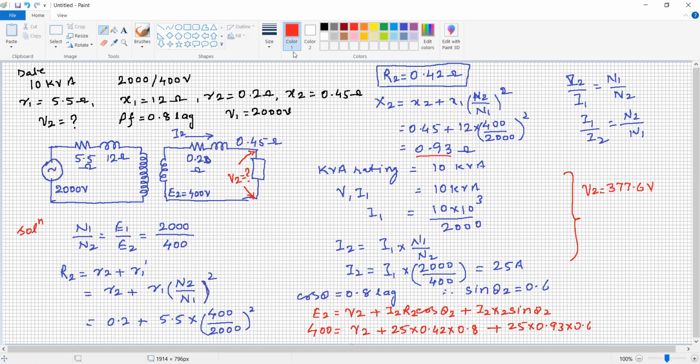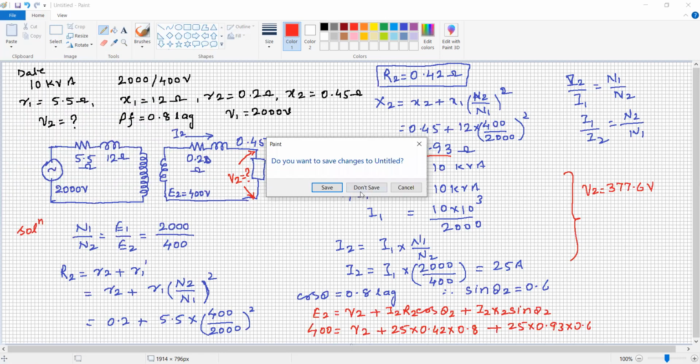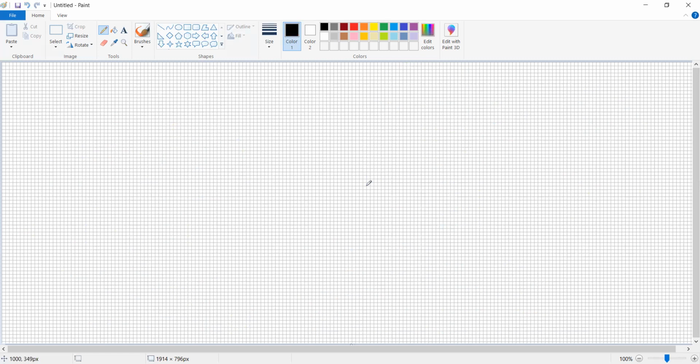One more numerical, a simple one. A transformer has 2% resistance and 5% reactance.